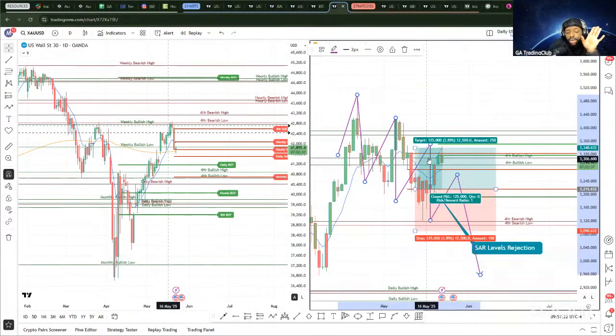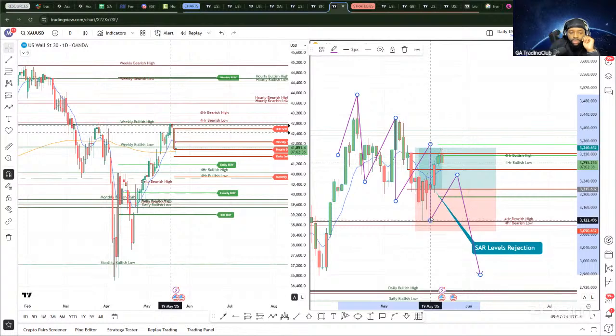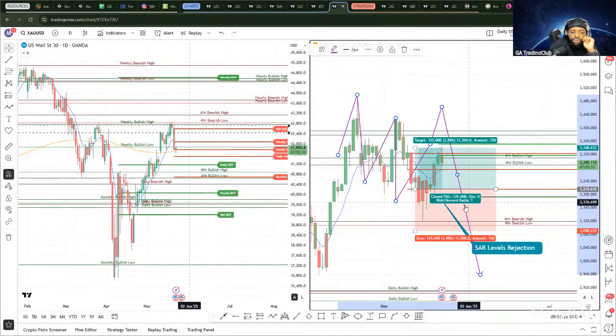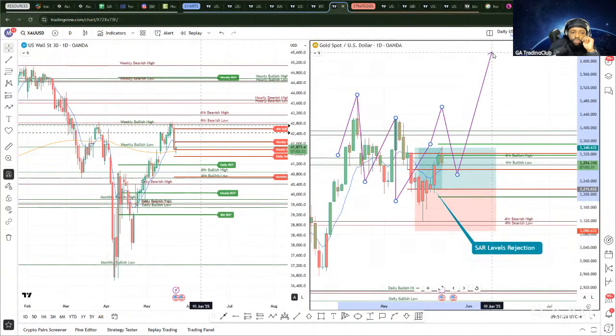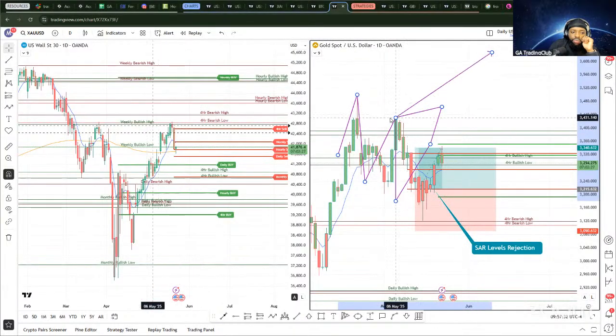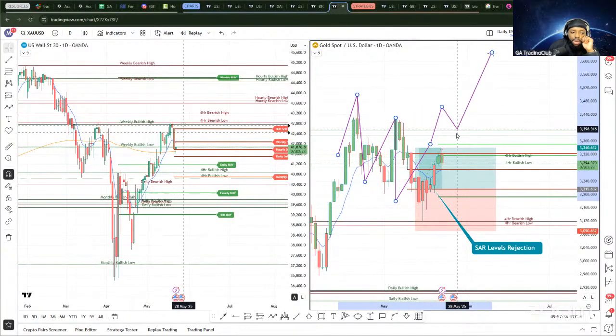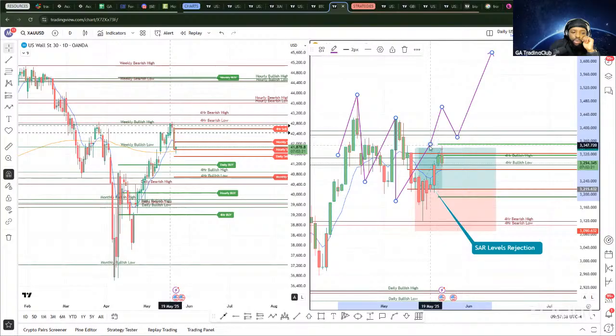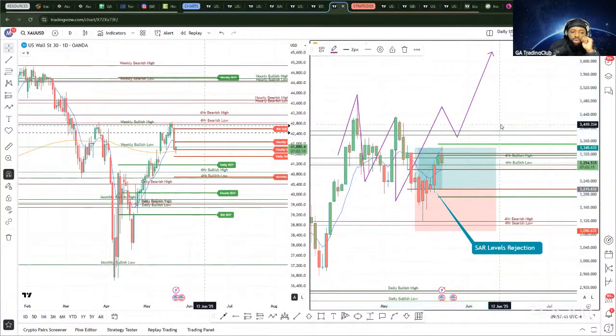But on the other hand, if we break above this previous high that's right here, come back and pick up liquidity there, it is possible that gold can turn bullish.